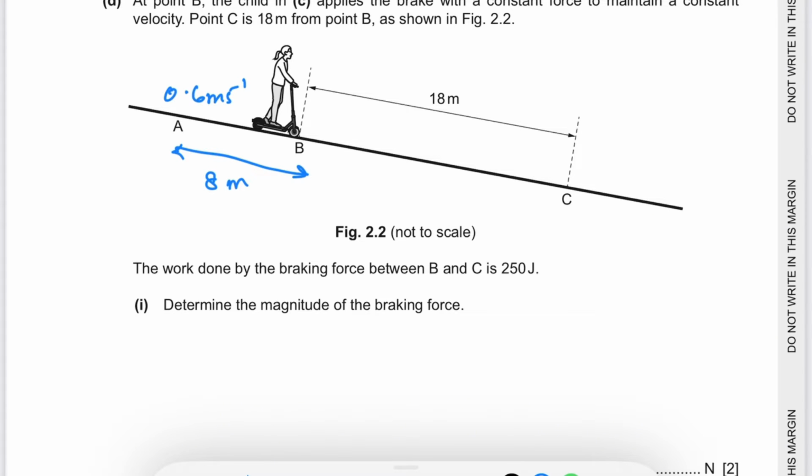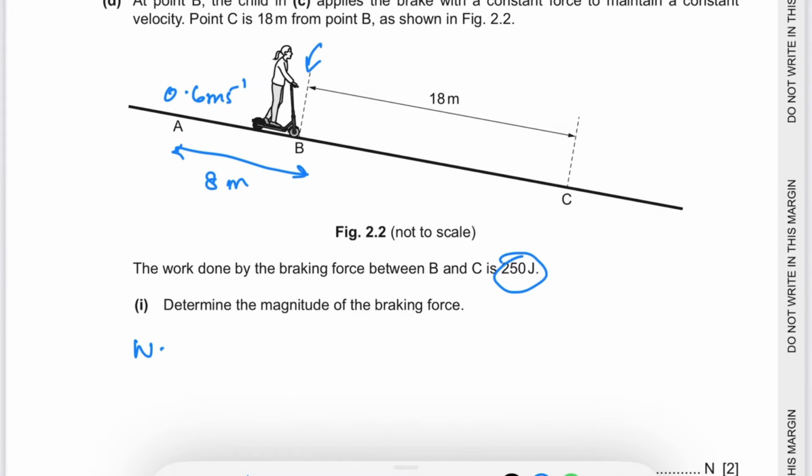She applies the brake at point B and then with a constant force, and then maintains a constant velocity. Point C is 18 meters from point B as shown in figure 2.2. The work done by the braking force between B and C is 250 joules, which is also equal to the energy transferred. Determine the magnitude of braking force.